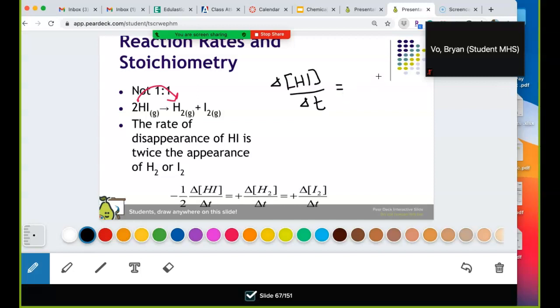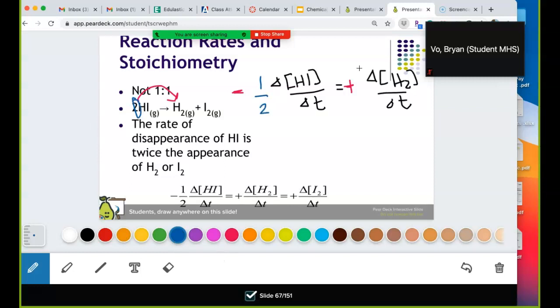And we're comparing that to H2, right? So the change in concentration. Now we have to pay attention that HI is going to lose concentration while H2 is going to gain concentration, because HI is a reactant and H2 is a product. And then based on that last slide, how do you account for the coefficients? Well, you do 1 over their respective coefficient.